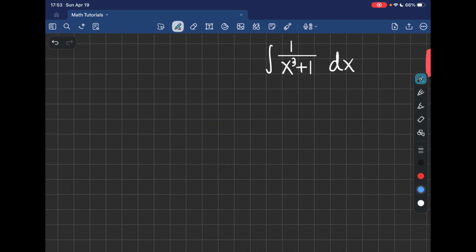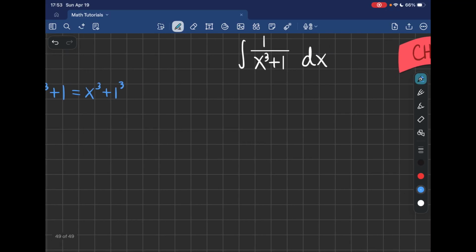Let's apply partial fraction decomposition to this. In the denominator we have x cubed plus 1, which equals x cubed plus 1 cubed. We write it like this because we want to factor it, right? For anything like a cubed plus b cubed, we have a formula: a plus b times a squared minus ab plus b squared.